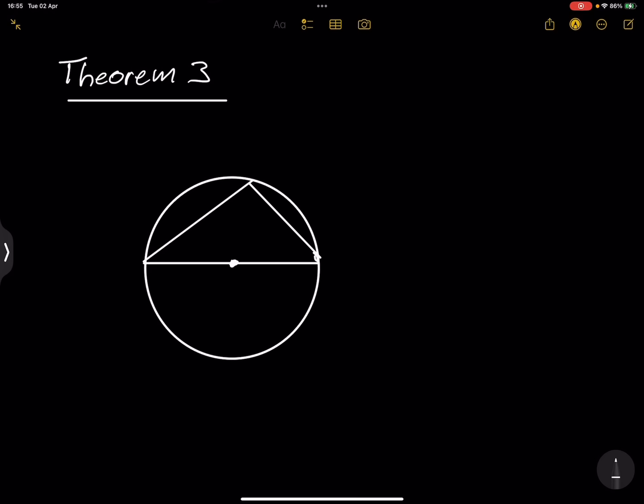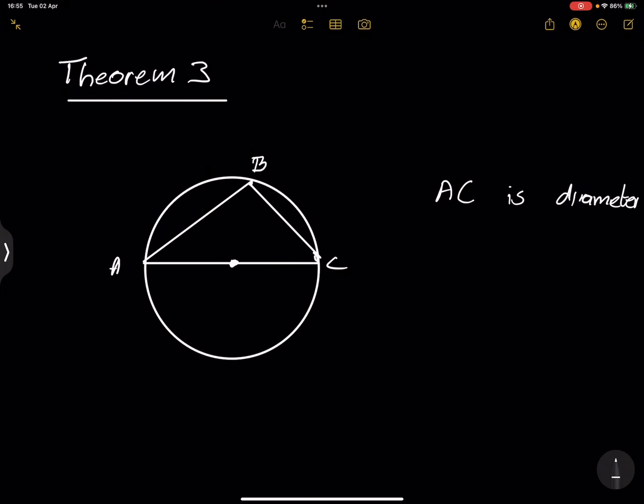I know my lines are actually not as accurate as they should be. So if we say this is ABC, notice if I say to you that AC is a diameter, now remember, what is a diameter?